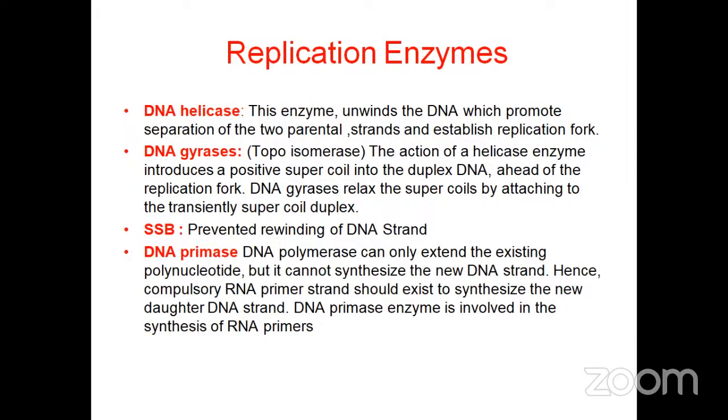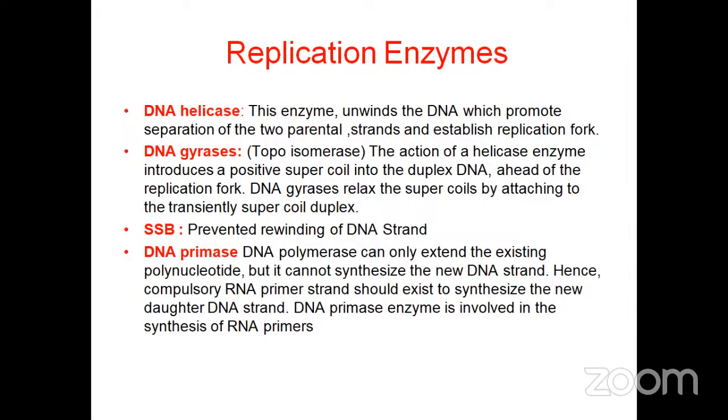So before synthesis, before making one DNA, we should remove the supercoiled nature. We should also remove how the two strands are attached. Already I told you both strands are in anti-parallel direction, right?